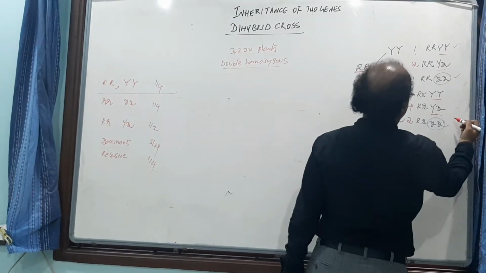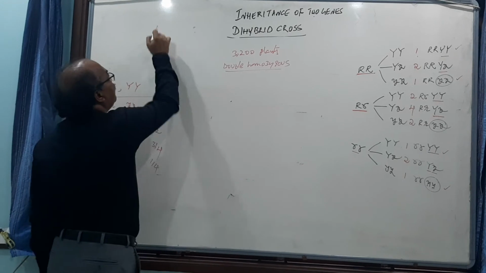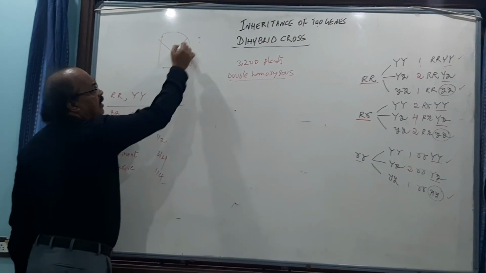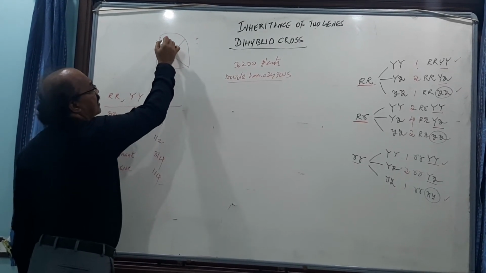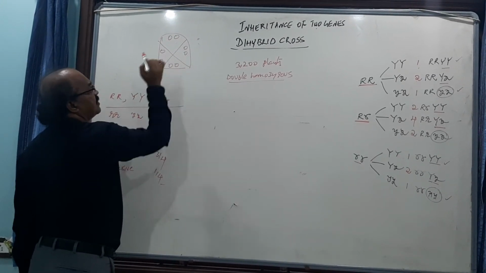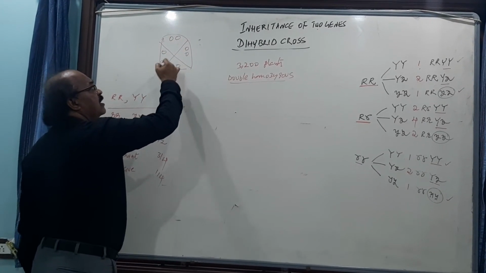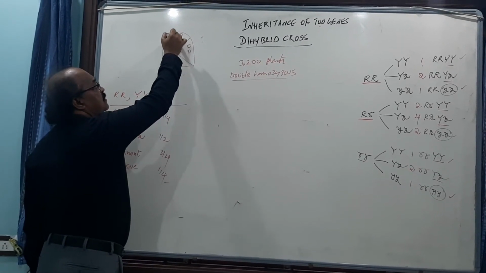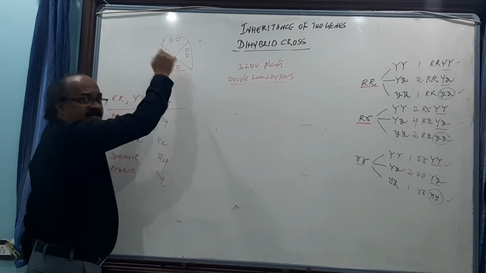I told you in the table: double homozygous, double heterozygous, homozygous for one character, heterozygous for the other character.